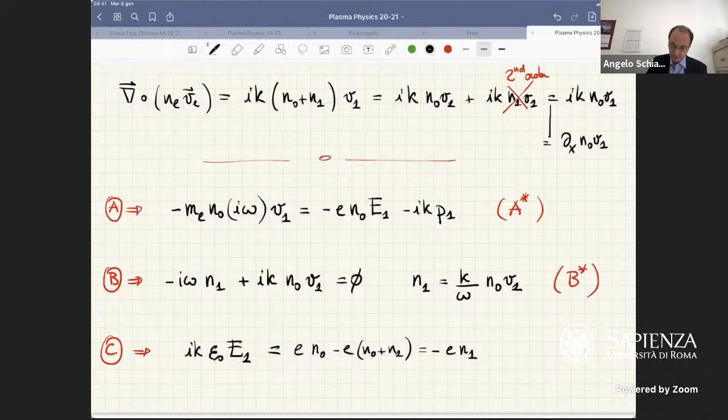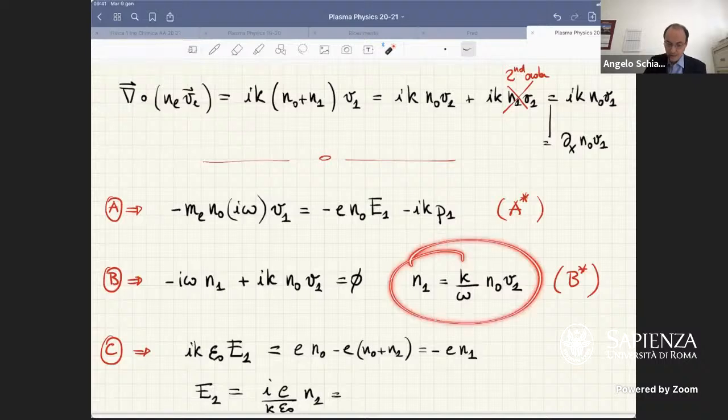So the electric field E1 is going to be i, then we have the electric charge divided by k epsilon naught that is coming from the left-hand side. And then we have n1. Let's write it, n1. And we can use n1 from equation B and plug it in here.